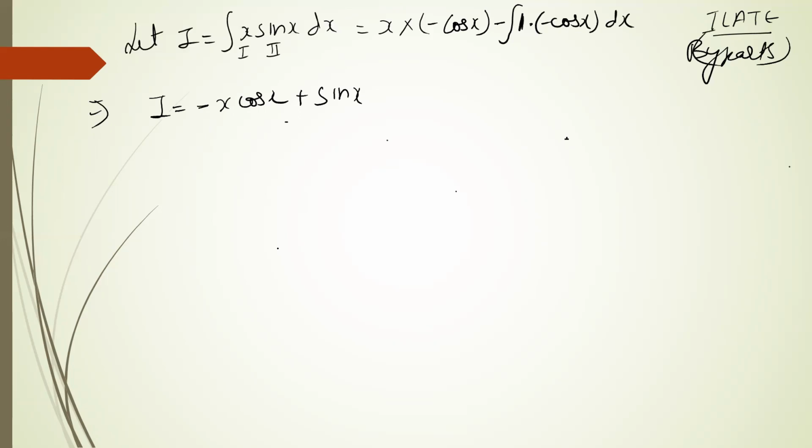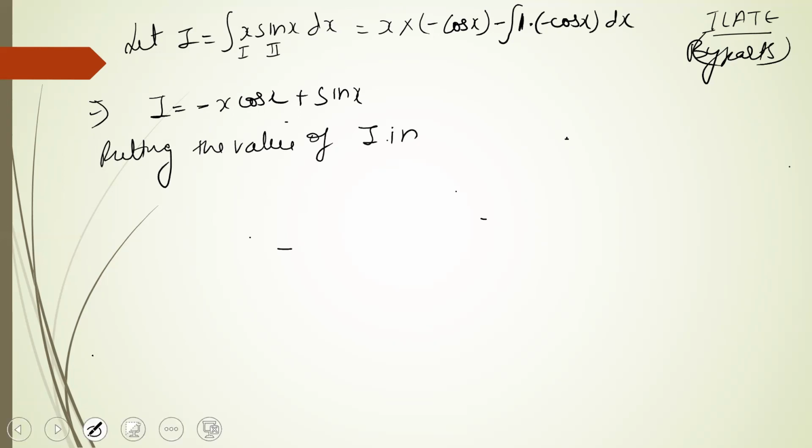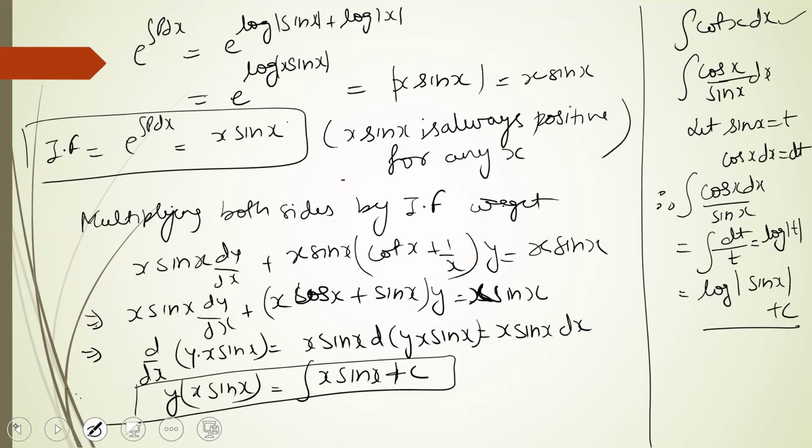Okay. So putting the value of I in which equation? In your previous, यहाँ पर just a moment, यहाँ पर इसको हम इक्वेशन नंबर 2 दे देते हैं, यहाँ पे हमने पुट किया.